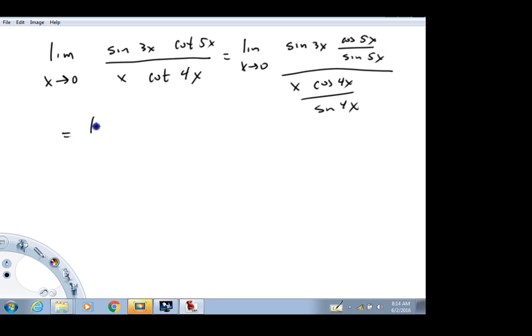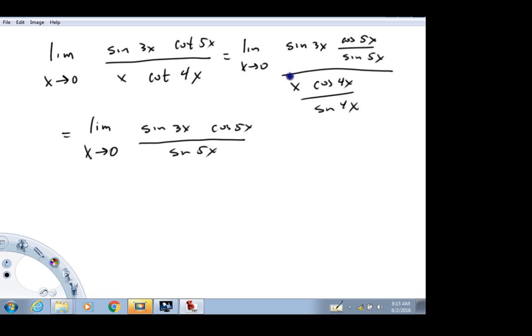Next, let's maybe clean this up and reorganize it a little bit. So limit as x goes to 0. Let's get this into one fraction instead of this compound fraction that I've got. So the numerator here, I'm going to write that, how about sine of 3x cosine 5x and then over sine 5x.